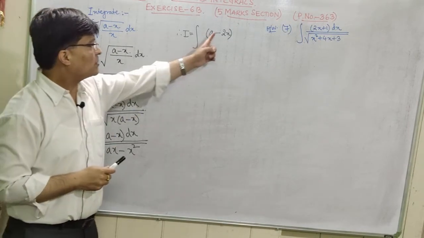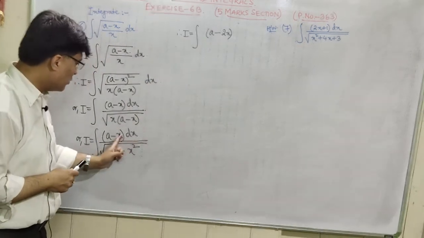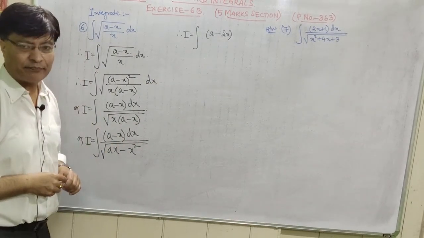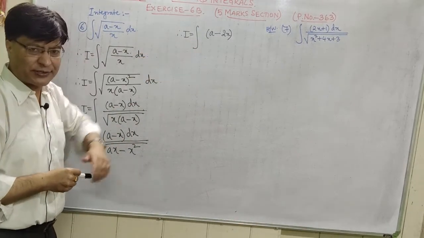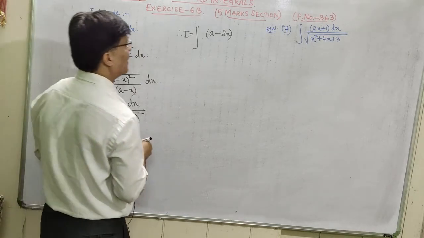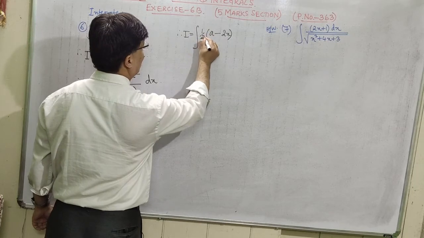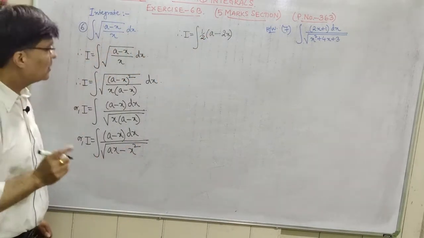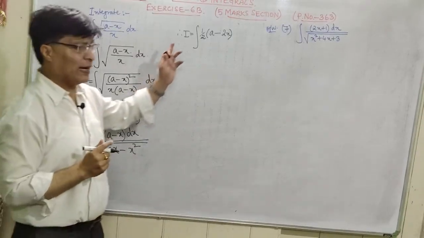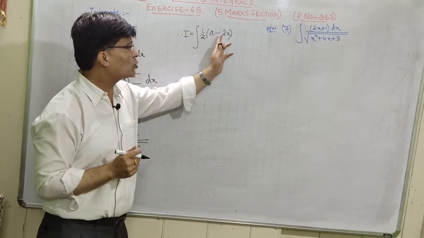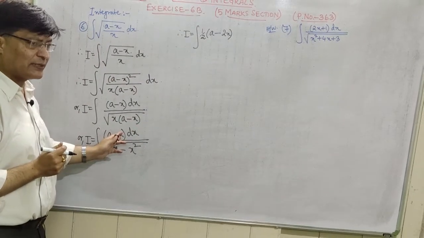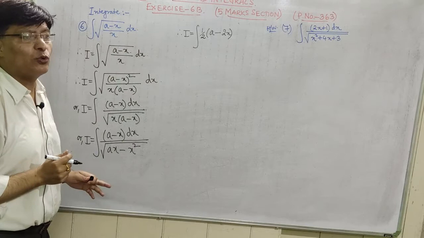So now this is minus 2x but here we have only minus x. You have to make it only minus x. By which number will you multiply it to get only minus x? It must be multiplied by half. Okay, so if you multiply it by half into minus 2x, it is minus x, and we are getting a by 2 also.